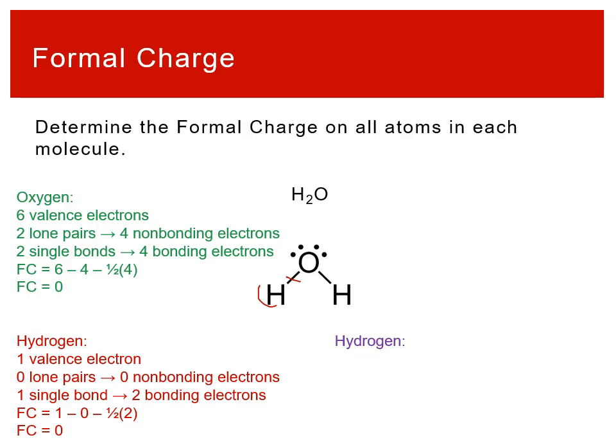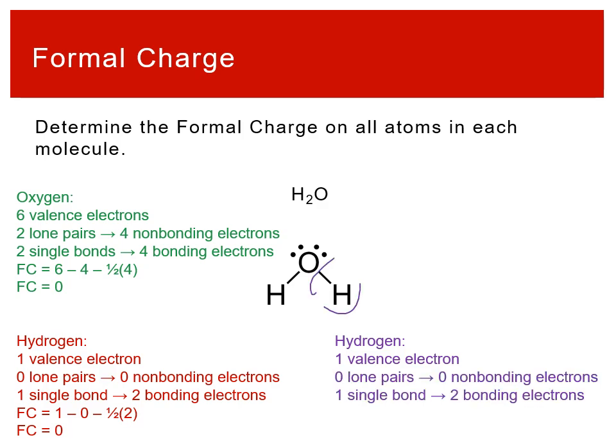Hydrogen, again, my other side, I can take a look over there. Still one valence electron. I can see there are no lone pairs and the one single bond for 2 bonding electrons, and I get a formal charge again of 0. And it ends up that because both of these hydrogens just have a single bond, they have the same bonding pattern, so we would expect them to have the same formal charge.